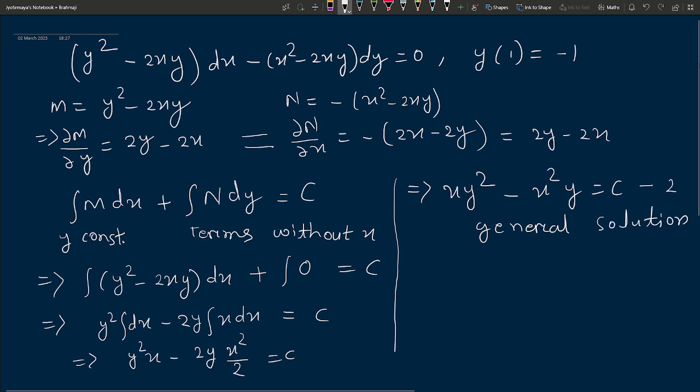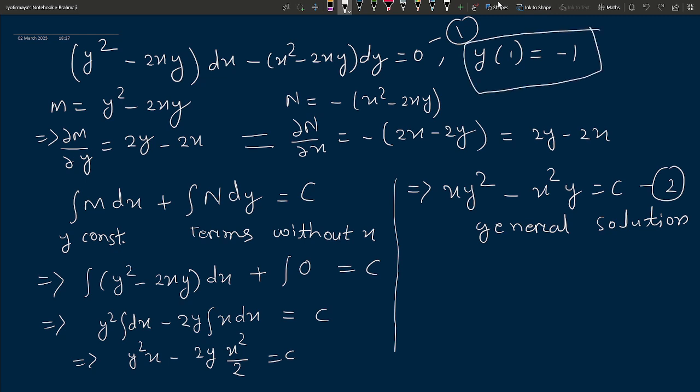Now call this equation 2. If you have this question as equation 1, then call this general solution equation 2. Now we shall apply the given condition. What is the condition here? This is your initial condition: y of 1 is equal to minus 1.